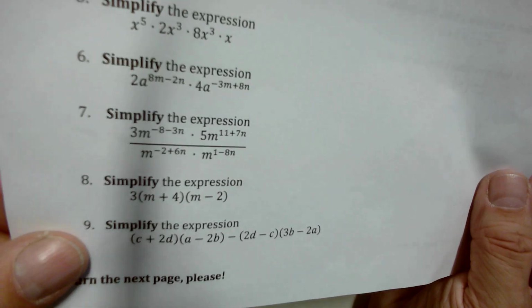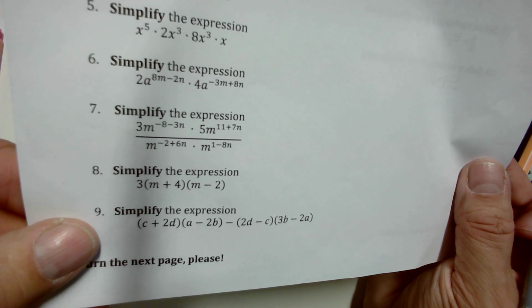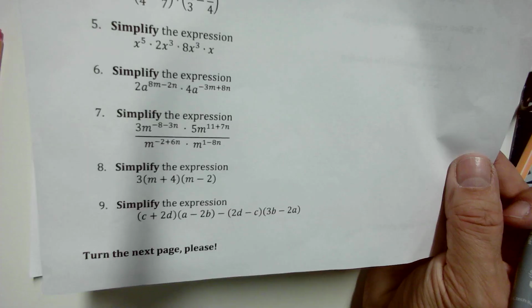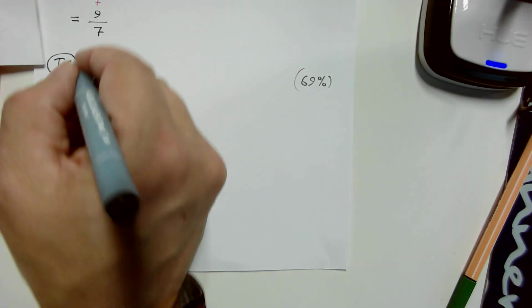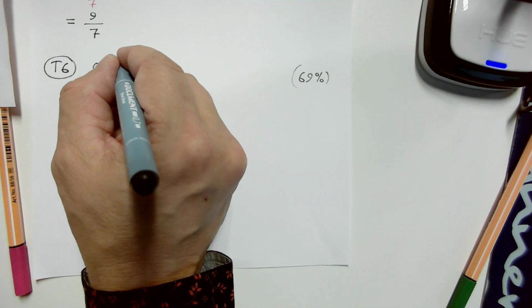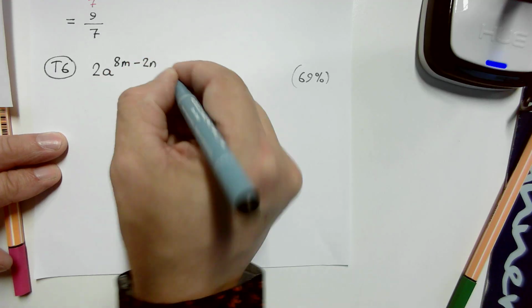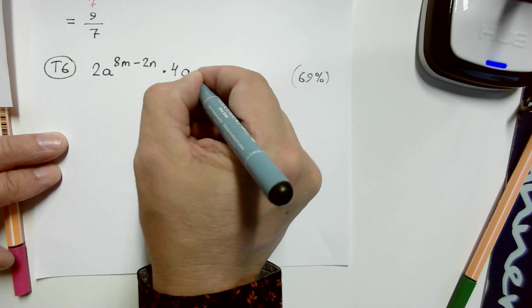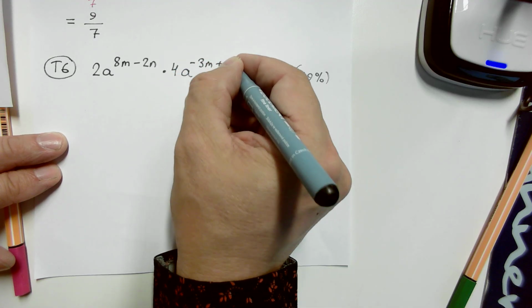We have numbers, we have letters, and we have exponents. We have so many things we have to take into account. 2a with exponent 8m minus 2n times 4a, and the exponent is minus 3m plus 8m.